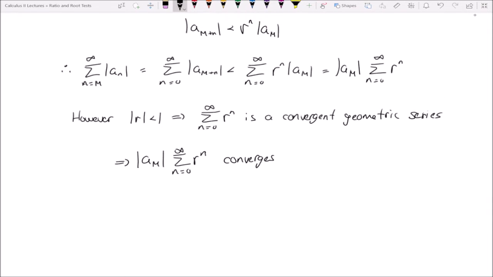So what we can say is that this series converges. And so the series a sub n converges absolutely.